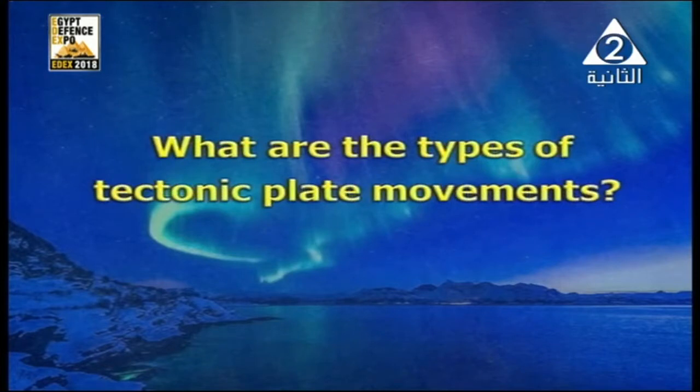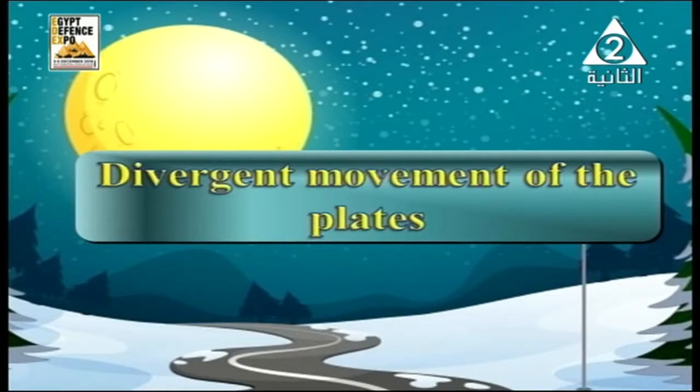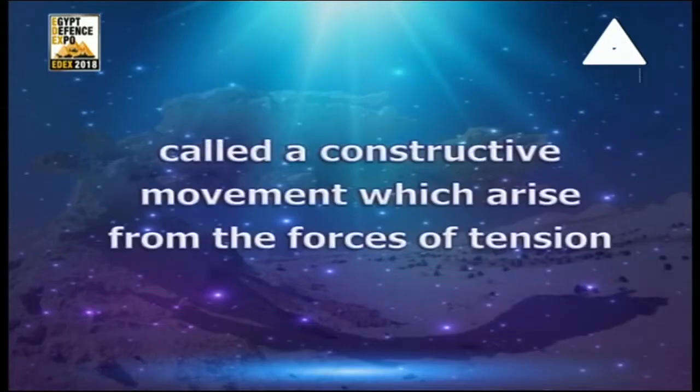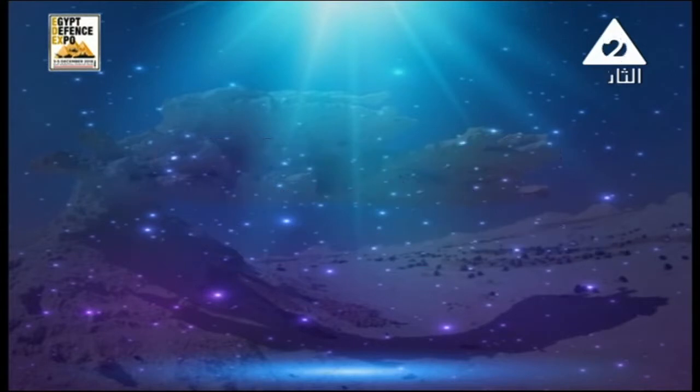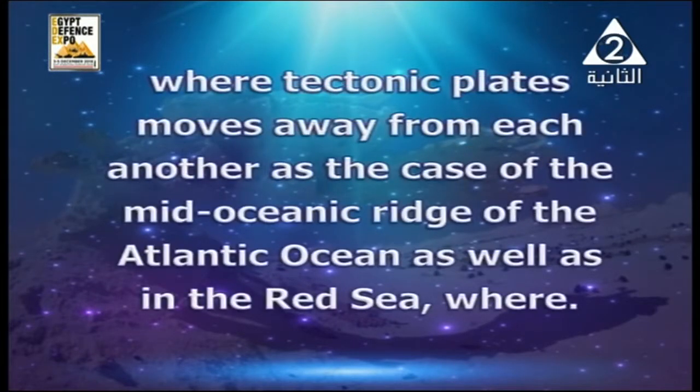What are the types of tectonic plate movements? We have divergent movements of the plates, called constructive movement, which arise from the forces of tension, where tectonic plates move away from each other.